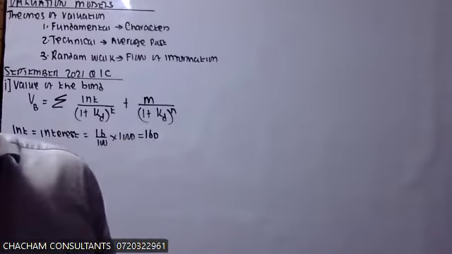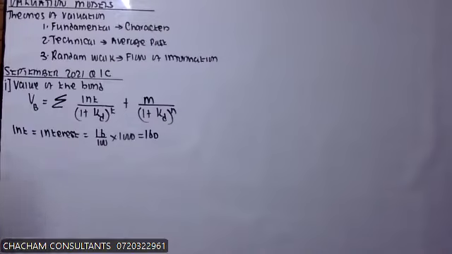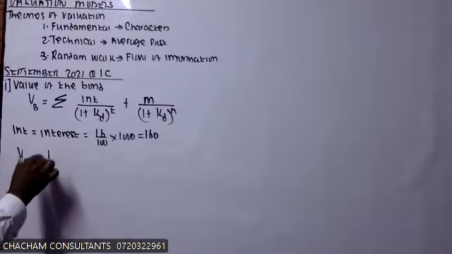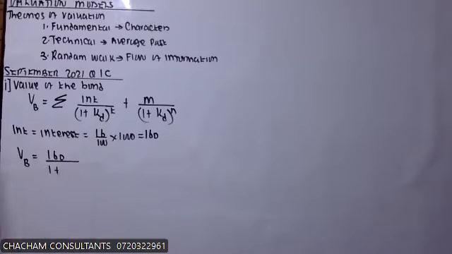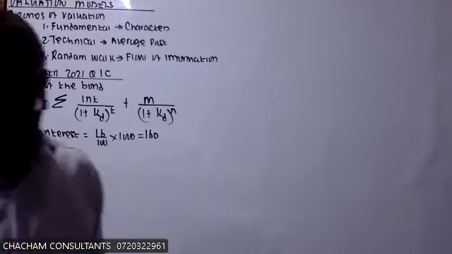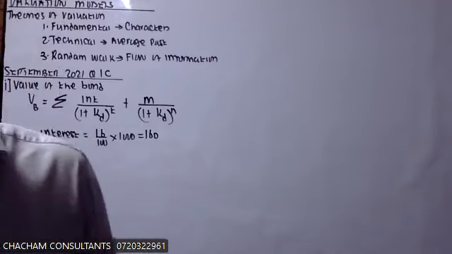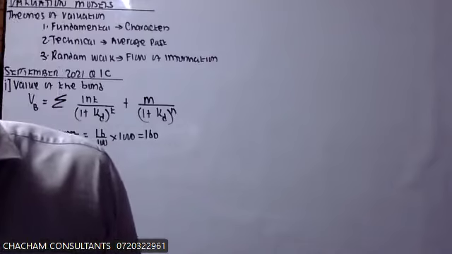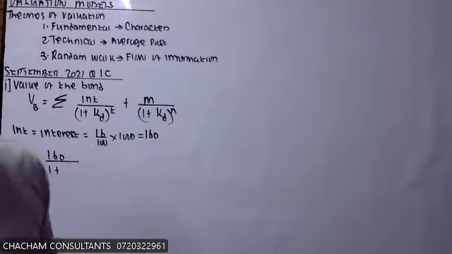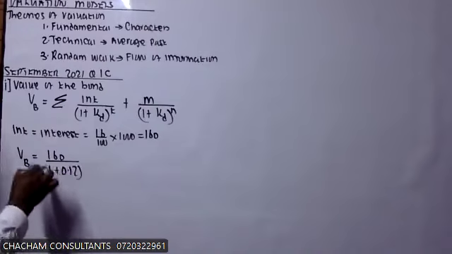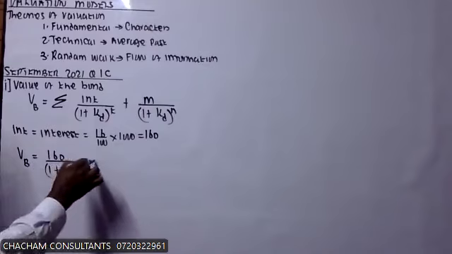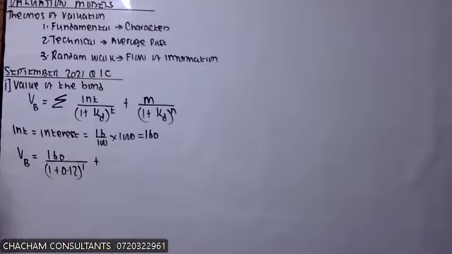So the value of the bond will then be given as VB. It is 160 divided by 1 plus the required rate of return, which is 12%, so 0.12 raised power 1. That is for the first year.